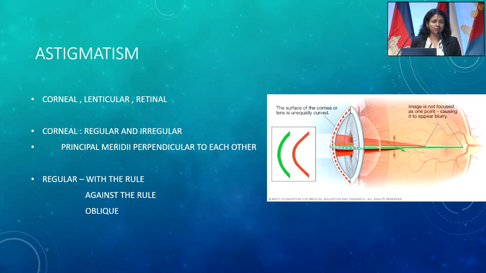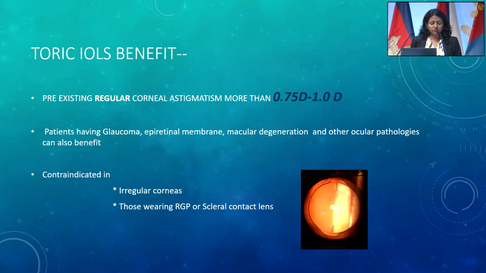Now, the lenticular astigmatism is gone once we do the cataract surgery, so we have to pay attention to the corneal aspect. And in the corneal aspect, we have to remember that it is regular and irregular. The regular astigmatism is what we can actually correct with our toric IOLs. So a pre-existing regular corneal astigmatism of more than 0.75 or 1 diopter is what we can correct with toric IOLs.